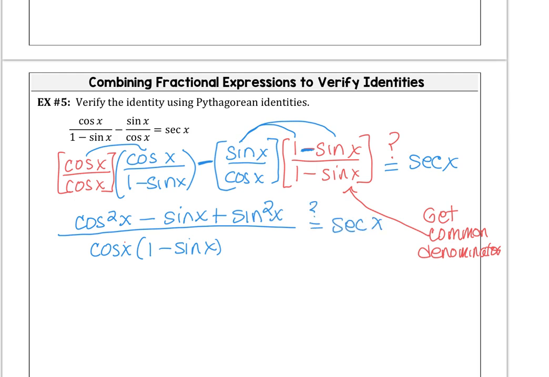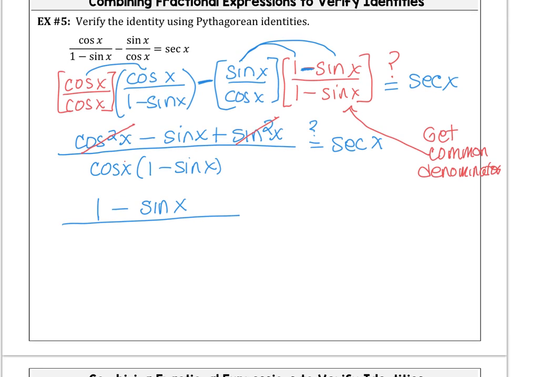I don't know yet, but I see cosine squared plus sine squared, that's a 1, and a 1 minus a sine x divided by a cosine times a 1 minus a sine x. Is that equal to secant?